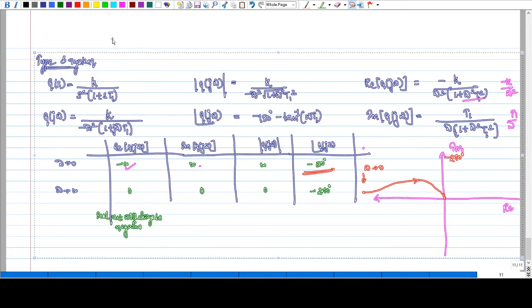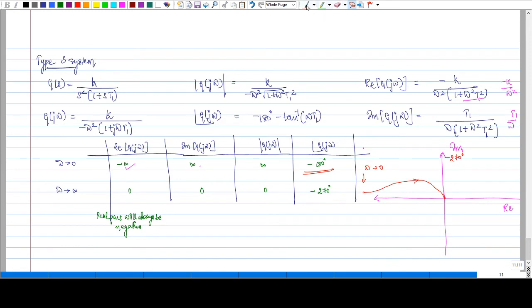Now if I take type 3 with order 4, here it will be 1 over 1 plus S T2. If I consider this, then this is 1 plus j omega T1, root of 1 plus omega square T2 square.